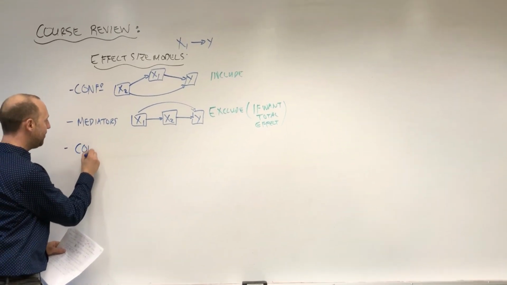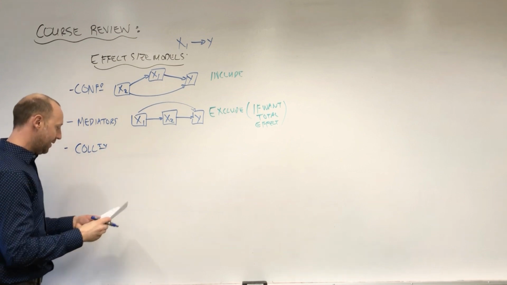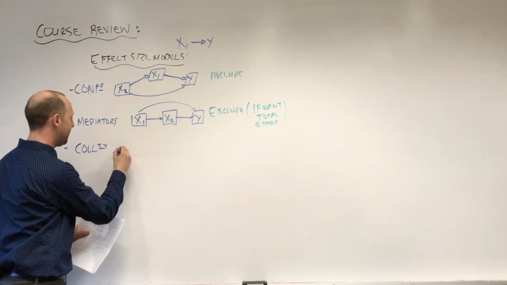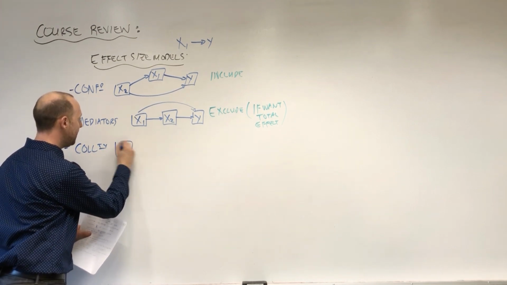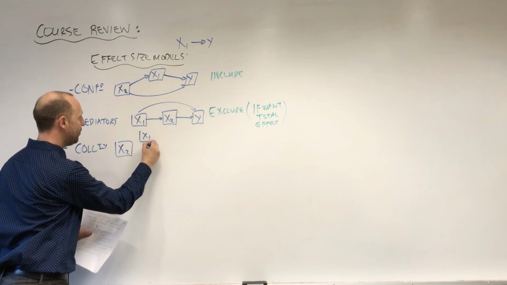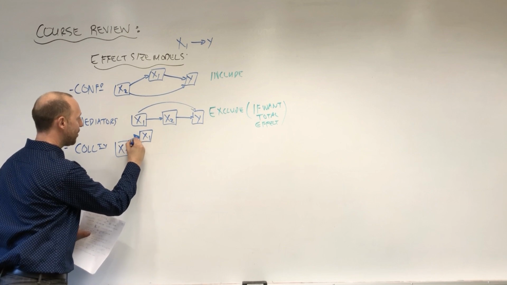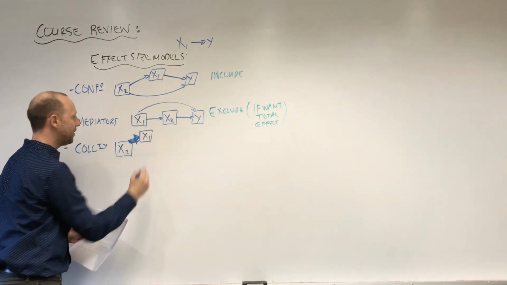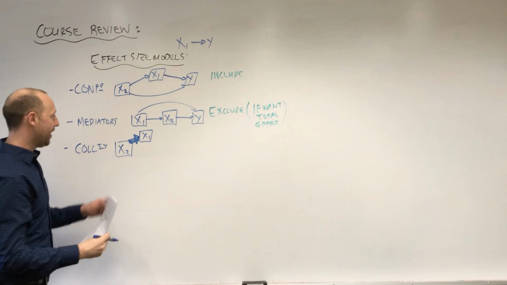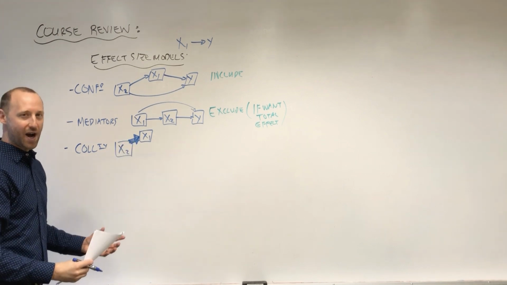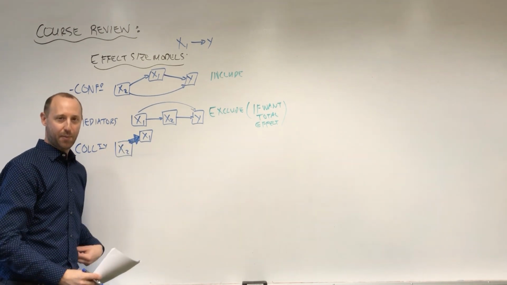We talked about the idea of collinearity, and this we were saying is where it's not mediation. x2 has some effect on x1, but it's a really strong association, so I'm just picking that by drawing a really thick arrow. x1 and x2 are so highly associated, you cannot really separate them.